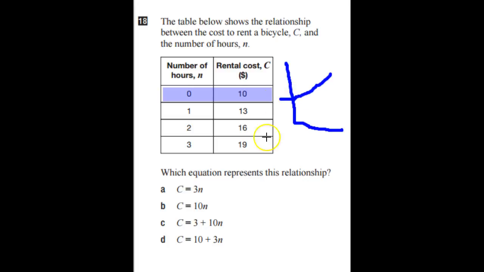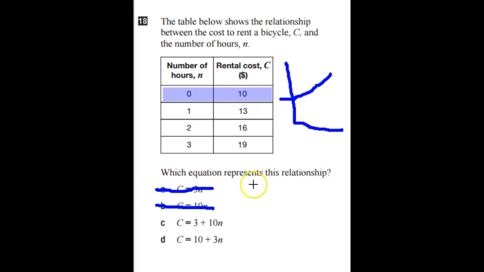So that tells me that I should be able to tell right off the bat by looking at each of these equations which of them cannot be the answers to this problem, because at 0 hours I don't have 0 rental cost. So this is not a direct variation. This is a partial variation, right? But it also tells me that my y-intercept is 10.